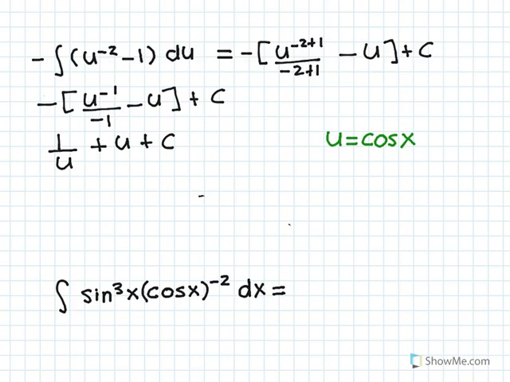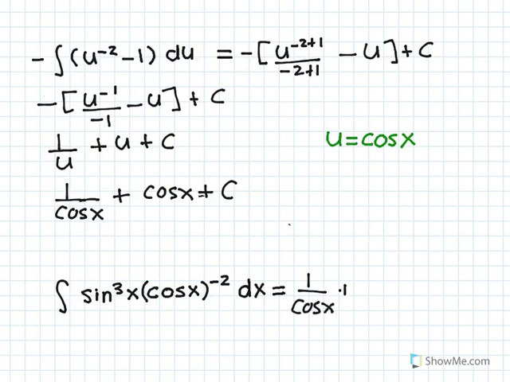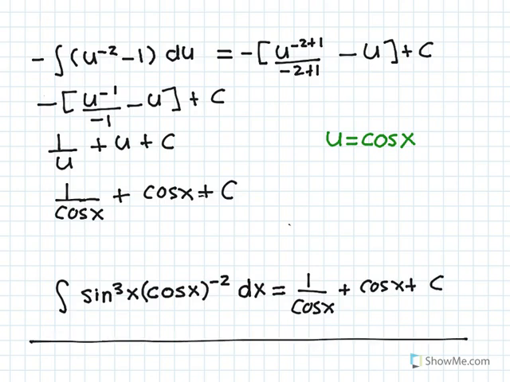So we have 1 over cos x plus cosine x plus c. So the answer to the integral of sine cubed x times cos x to the power of minus 2 dx is 1 over cos x plus cos x plus c. All right, thanks.